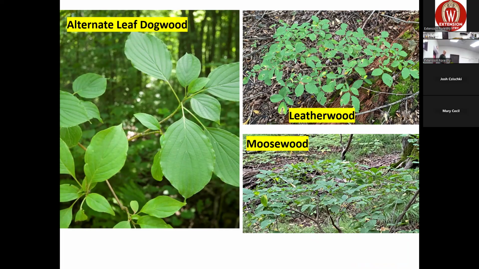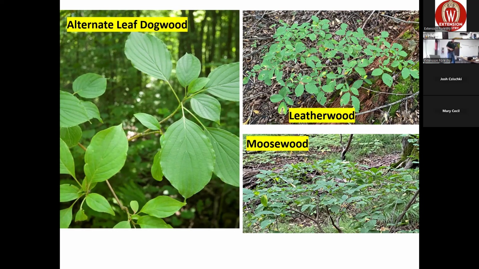I've heard anything from, well, moose like to eat it. Another thing that I've always thought the reason it was called moosewood, is anyone familiar with leatherwood in the forest? The growth habit of leatherwood, it's a fairly low growing shrub, and its branches look like moose antlers. They tend to be very palmate. They go out. They don't grow up as much as out.